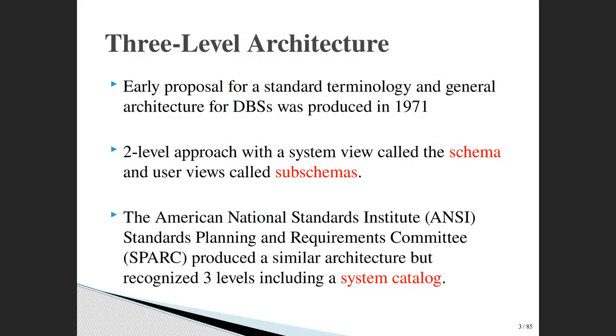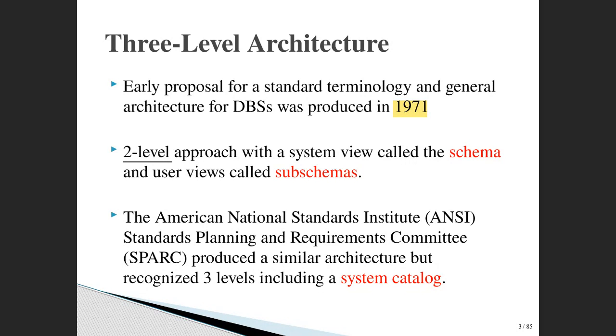Okay, let's go through the 3-level architecture. As a start, we need to know that the first database architecture was produced in 1971, and it included only 2 levels, a 2-level approach.